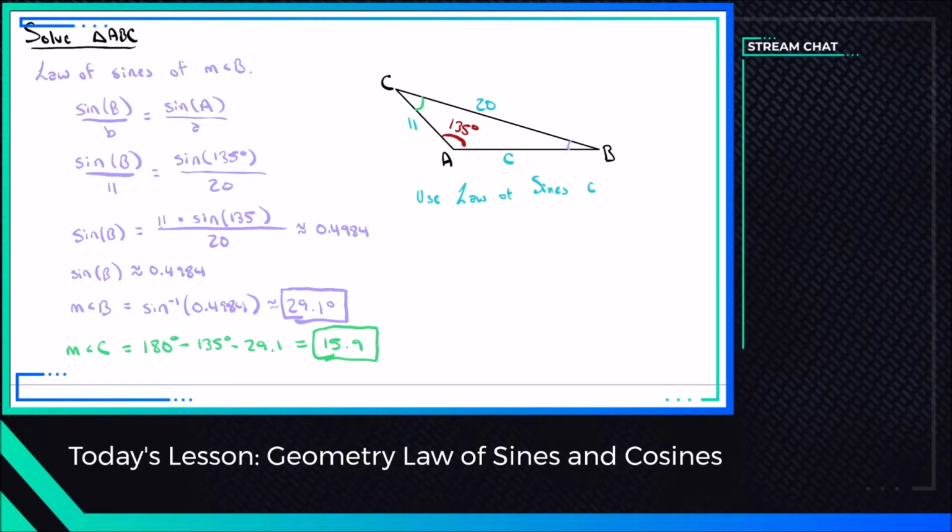So we're going to say that c divided by the sine of C is equal to 20 over the sine of 135. And I just found another mistake in this problem. This is a sine of 115, so making brilliant mistakes all over the place. Happy little accidents. The math is still all correct. I just wrote down the wrong number.